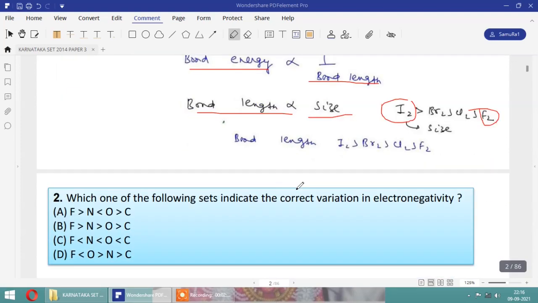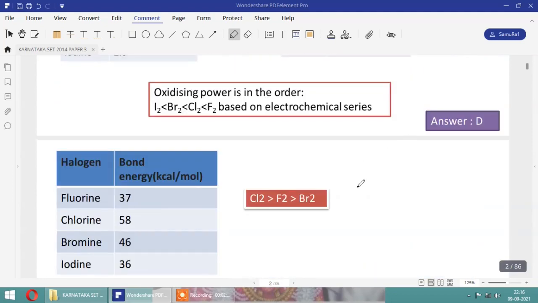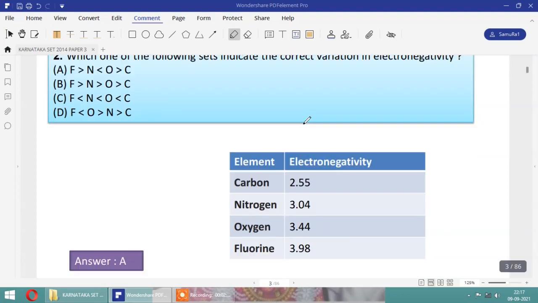Next question, second question. So option D is correct. Which one of the following sets indicates the correct variation of electronegativity? Here you have to know the electronegativity value of fluorine, nitrogen, oxygen and carbon.